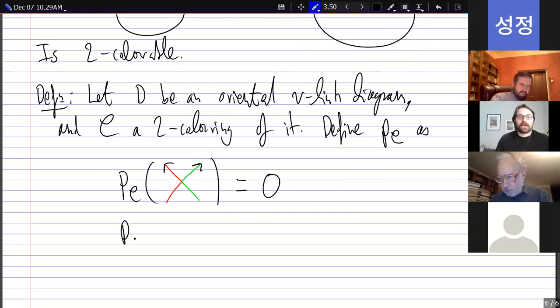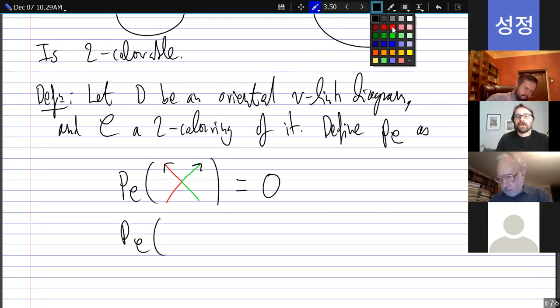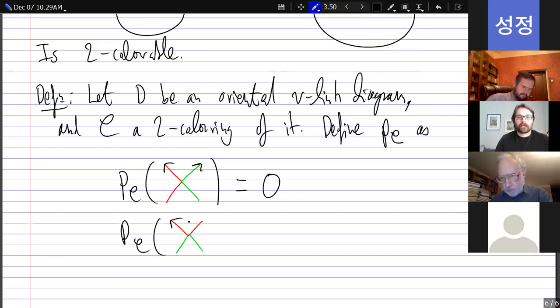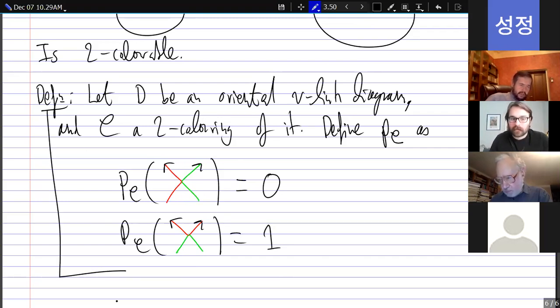And if I have a crossing that looks like this, I define that to be odd. And that's exactly what we did in our paper with Denise when we generalized Sam's construction.